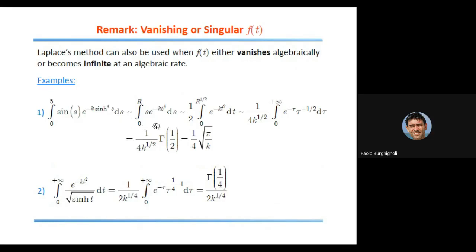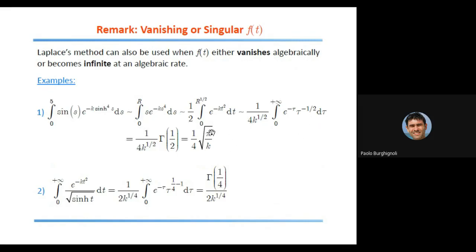If you now change variable, letting t equal to s squared, you have this 1/2 factor here. The integration domain goes from 0 to the square root of r, and here you have e to the minus k t squared, which again can be written by changing variables in terms of the gamma function, where now tau is equal to k t squared.